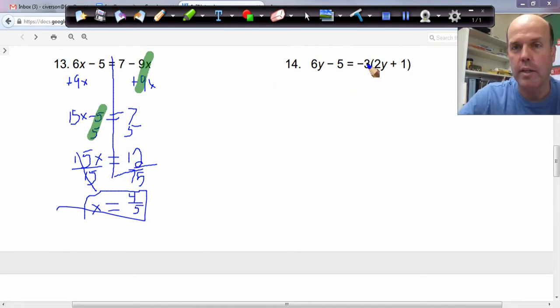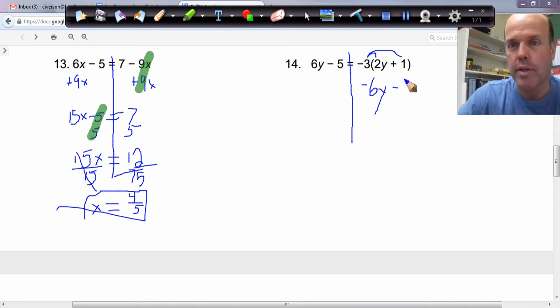Alright, 14. We're going to have to distribute 3 times 2y, 3 times 1. Draw the equals in the river there. So I get a negative 6y minus 3. And I still have my 6y minus 5 equals.